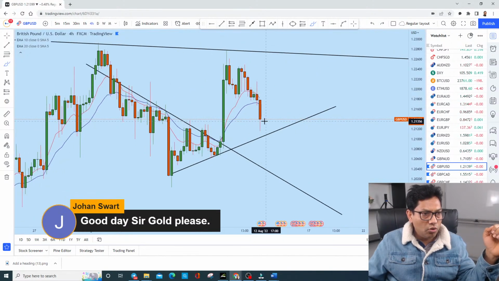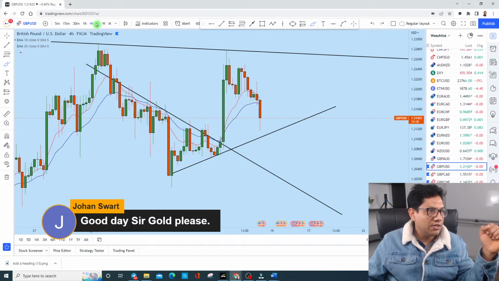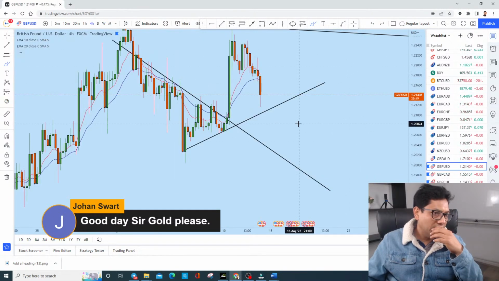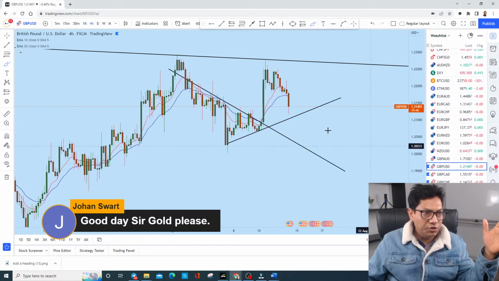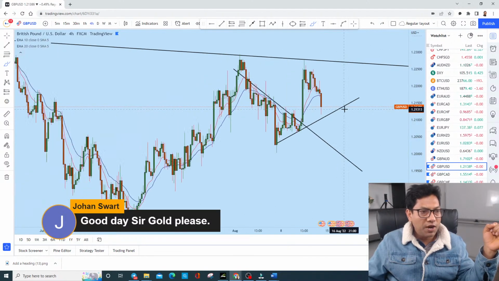So what it might do later today, since it's the weekend, is we might see some retest on this zone, and then we might see the price somewhere here, so in that case a weekly close almost in the same zone of the previous weekly candle, and next week we'll see how it does. But to me, GBPUSD is a fake move, and I think that it will just continue to drop because it's a long-term bearish market.